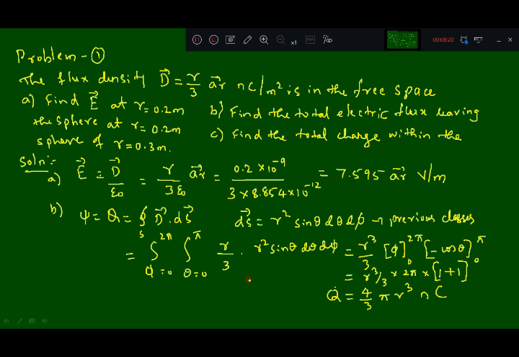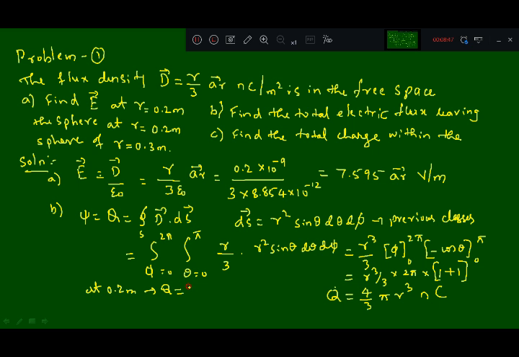So, at point 2, at 0.2 meters, Q will be, if I substitute here in terms of r, that is 0.2, the value I am going to get as 33.51 picocoulombs.